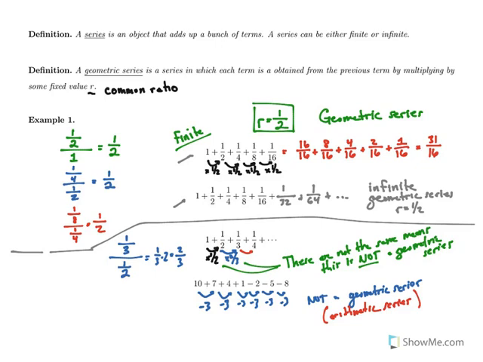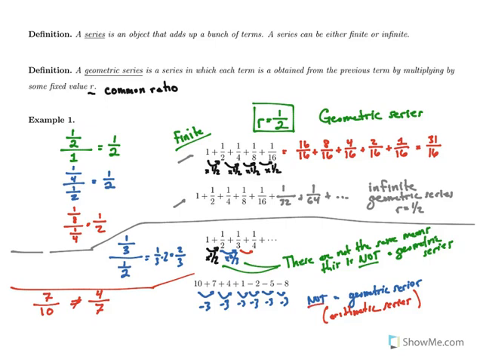So you could verify this is not a geometric series by looking at the ratio of the terms, right? The first one would be 7/10. The next one would be 4/7. And those are not the same thing, so therefore there's not a common ratio. So this is not a geometric series.